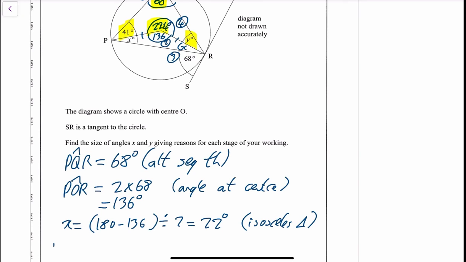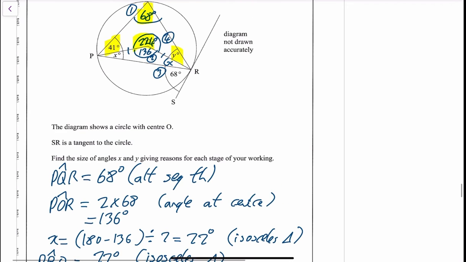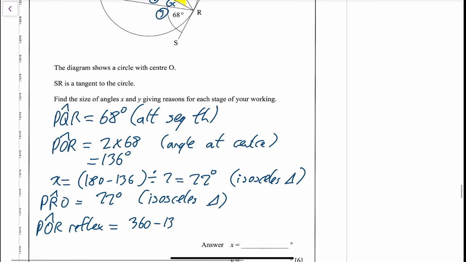That means the other angle, PRO, was also equal to 22 degrees, and that is, again, an isosceles triangle as well. And then the POR reflex, so the reflex angle at the centre, was 360 minus 136, which works out as 224.